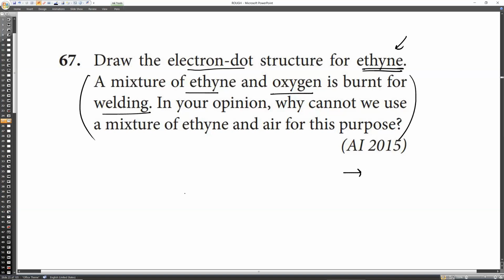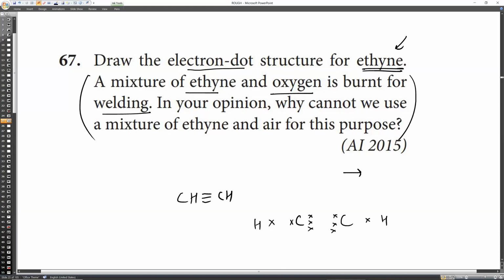The electron dot structure of ethyne is very simple. You know that ethyne is CH triple bond CH. So you can make it like this: C, with 1, 2, 3 shared pairs between the carbons, one hydrogen here, and one hydrogen here.